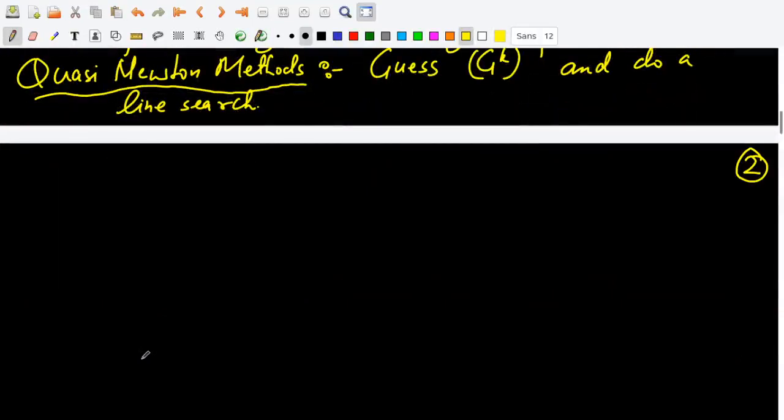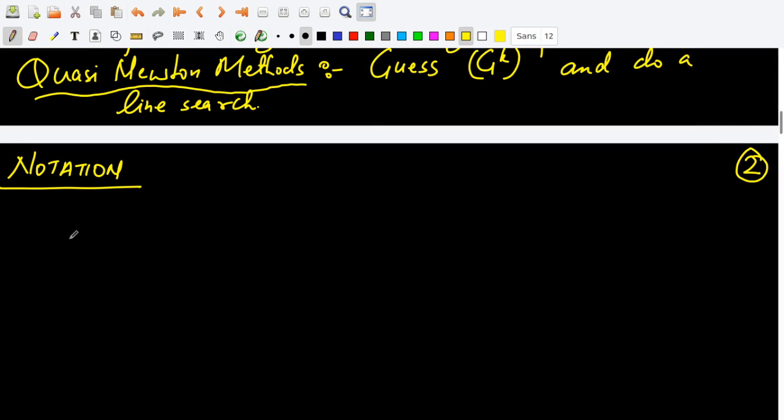So before starting Quasi-Newton methods, let's look at some notation that we will use for these methods.